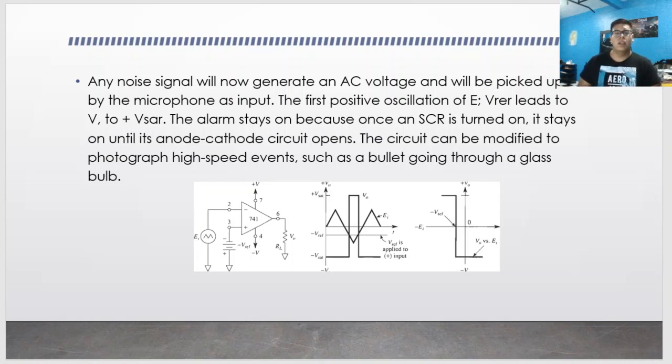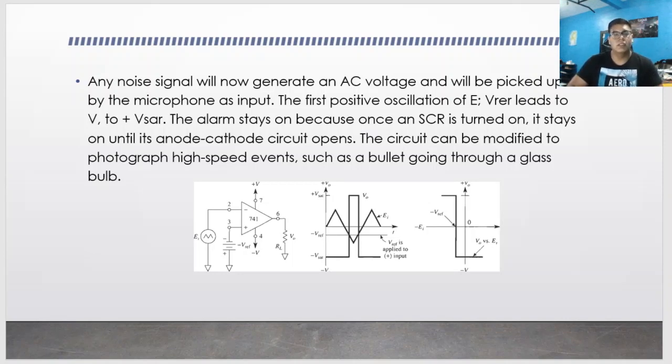Any noise signal generates an AC voltage that will be picked up by the microphone and the input. The first positive oscillation leads to plus V SAT, that is a positive output.